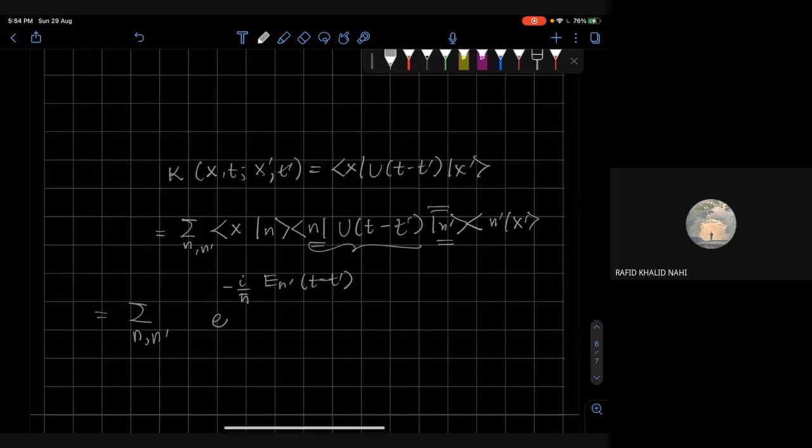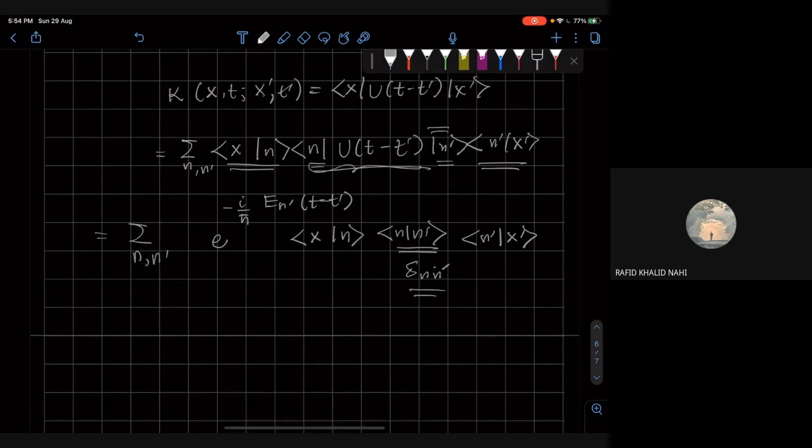And so over here we will get x n, from here we will get n prime x prime, and from this we will get n prime, but this thing is nothing but delta n n prime.